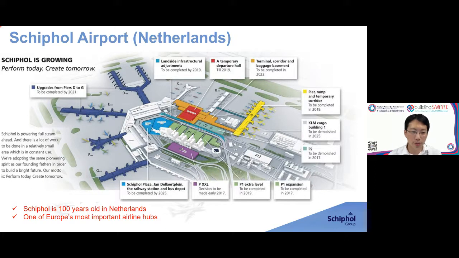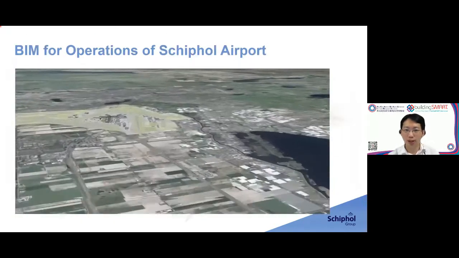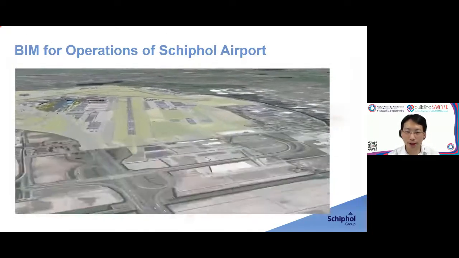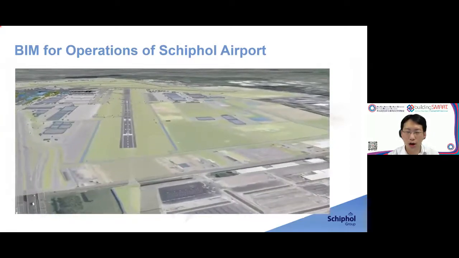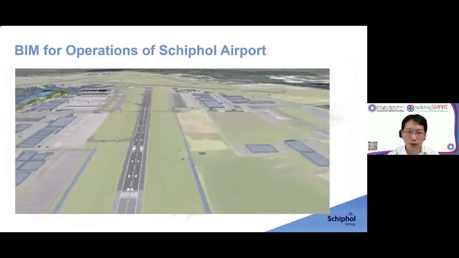And some background information is that this airport is 100 years old in the Netherlands, and this is actually one of the most important airline hubs in Europe. I don't know about right now, but at least that was the information last year. You can see that this is the BIM model of the airport.